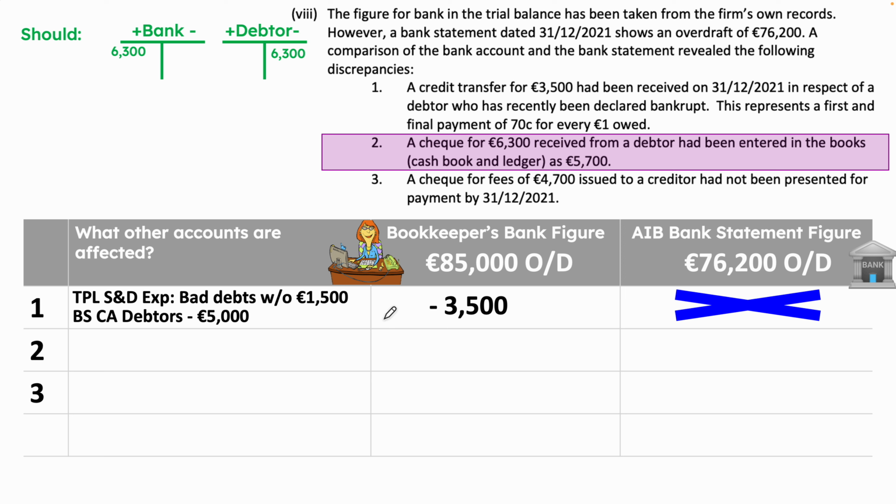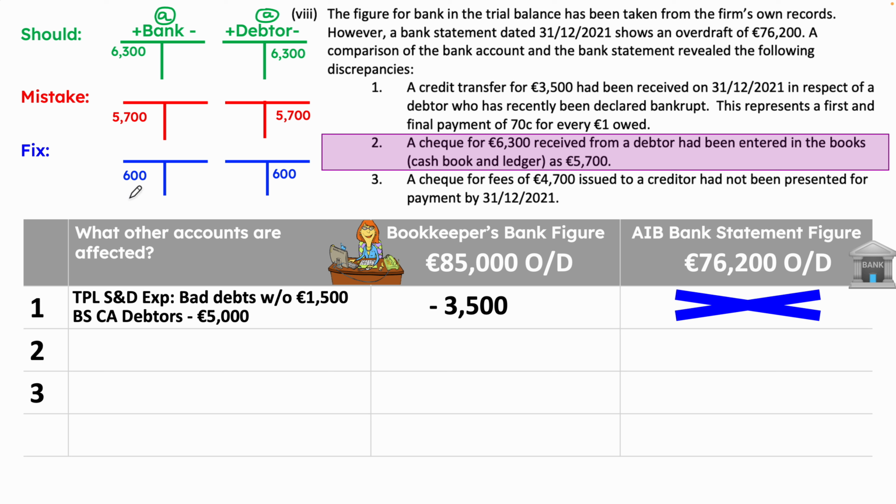What should have happened, the cheque received from the debtor, the bank should have increased by 6,300 and the debtor should have been reduced by 6,300. So knowing our ALERT diagram that I'm always talking about, assets increase on the debit, they decrease on the credit. What happened by mistake was that they just put it in as 5,700 in the same accounts, so the bookkeeper put in a little bit too little.